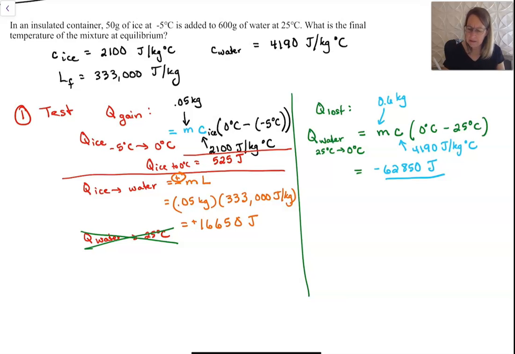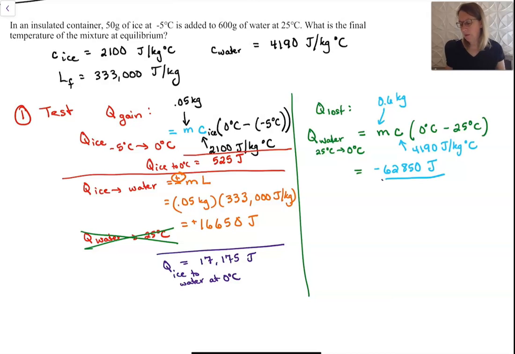If I add these two together, plus 525, that gives me 17,175 joules, the heat that's needed to take my ice to water at 0 C. And we certainly have that much that we can release from the water.